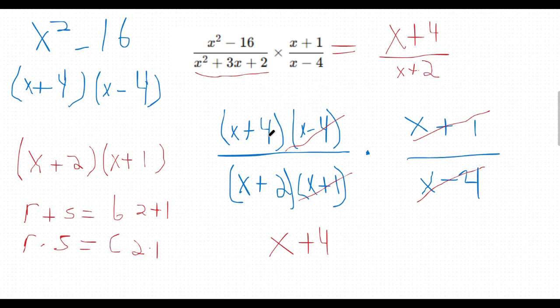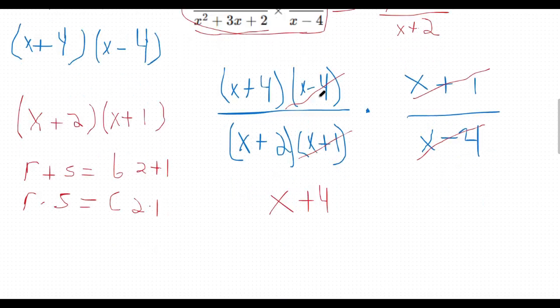I'm simply taking these terms over here, these terms over here. So this big, long equation simplifies to x plus 4 over x plus 2, and we accomplish that through factoring. And let's do one more.